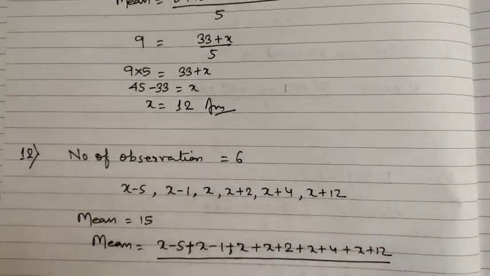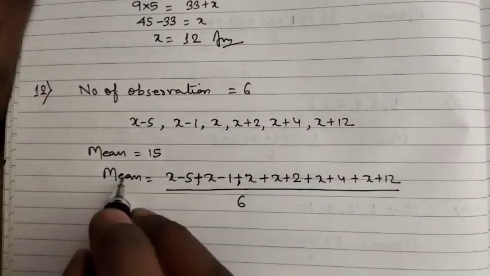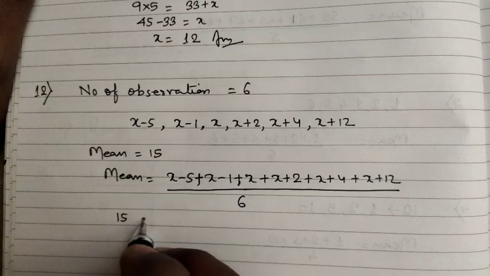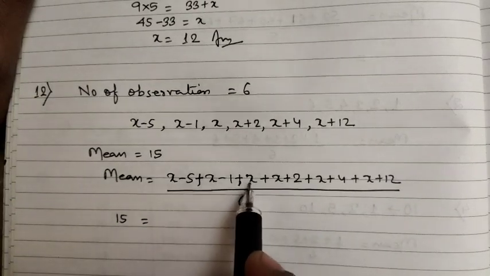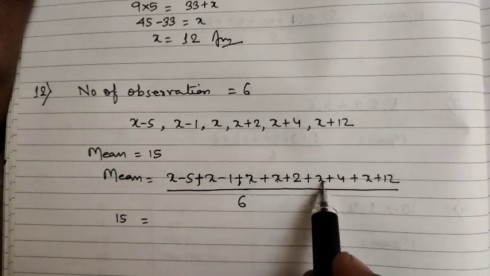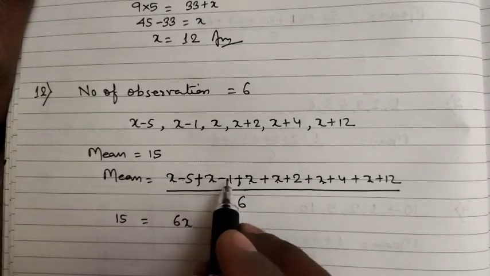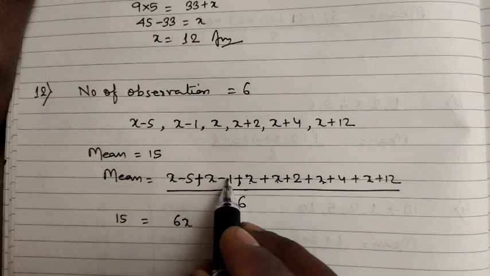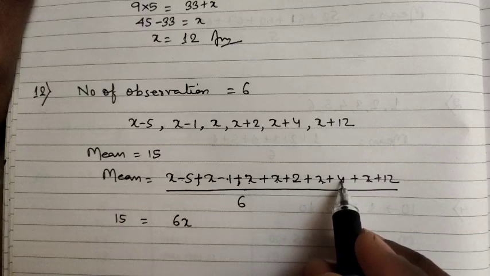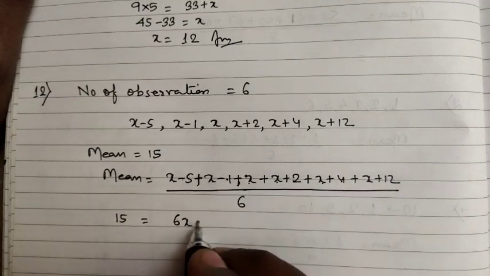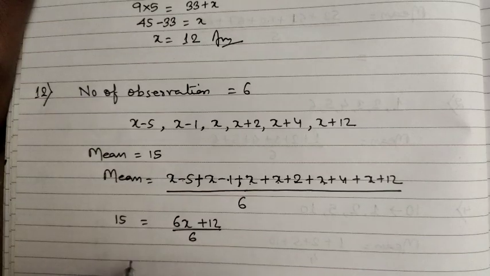As the question has given the number of observations as 6, we put 6 here, and in place of mean we put 15. Now we add x plus x is 2x, 3x, 4x, 5x, 6x. Now minus 5 minus 1 is minus 6, minus 6 plus 2 is minus 4, minus 4 plus 4 is 0, 0 plus 12, it will be 12, divided by 6.